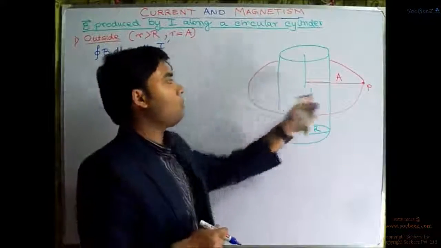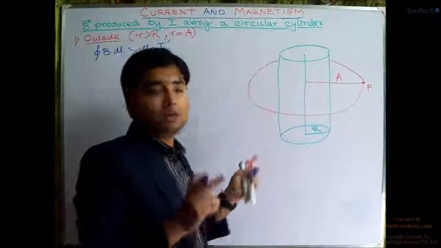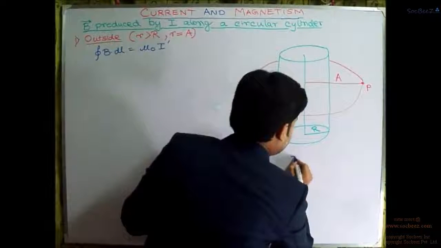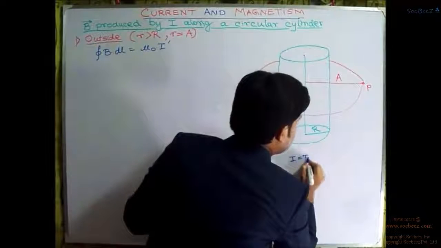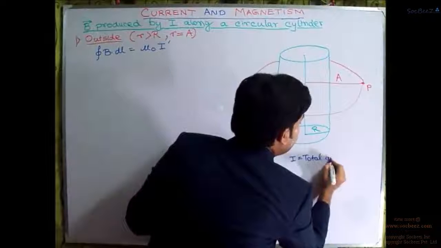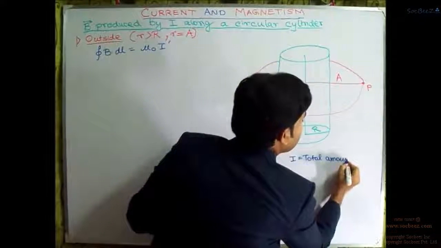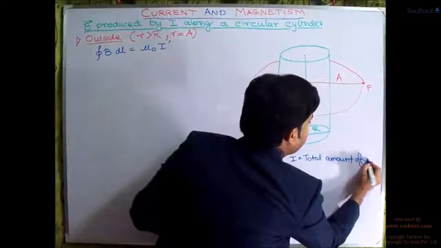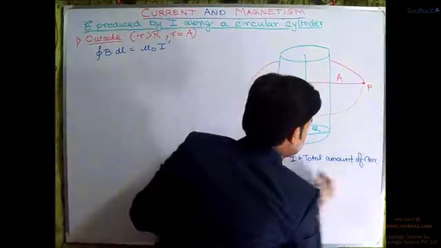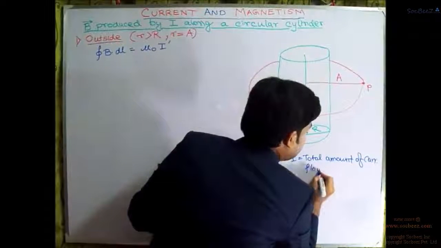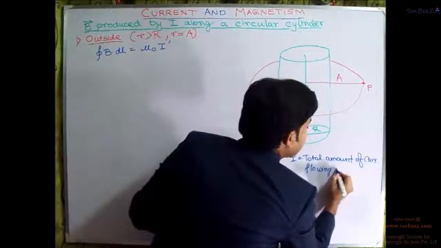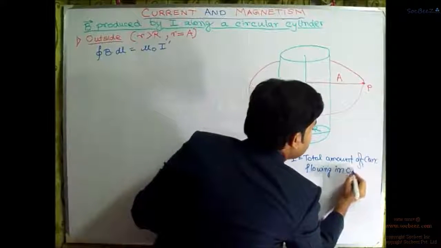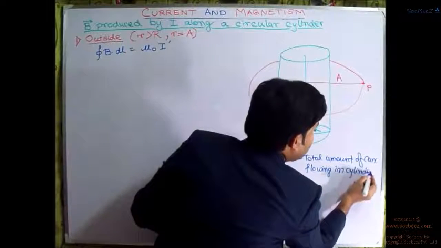So the total amount of I which is flowing through this circular cylinder is equal to I, I equal to total amount of current flowing in the cylinder.